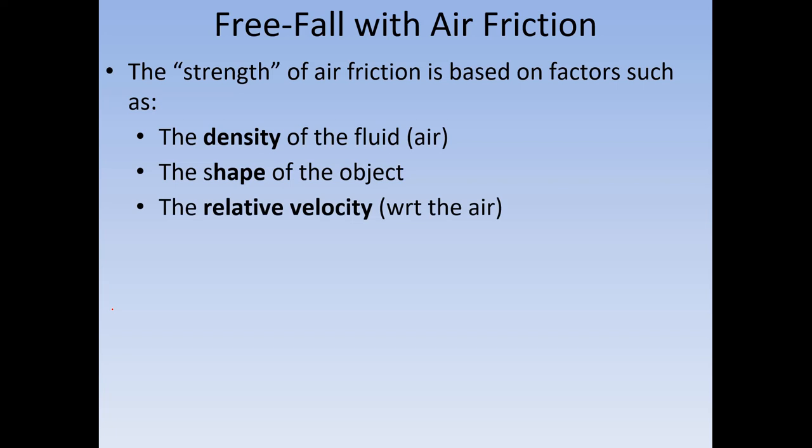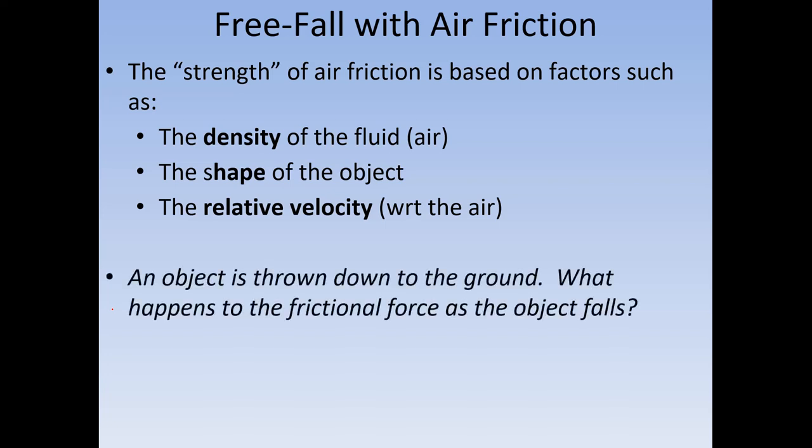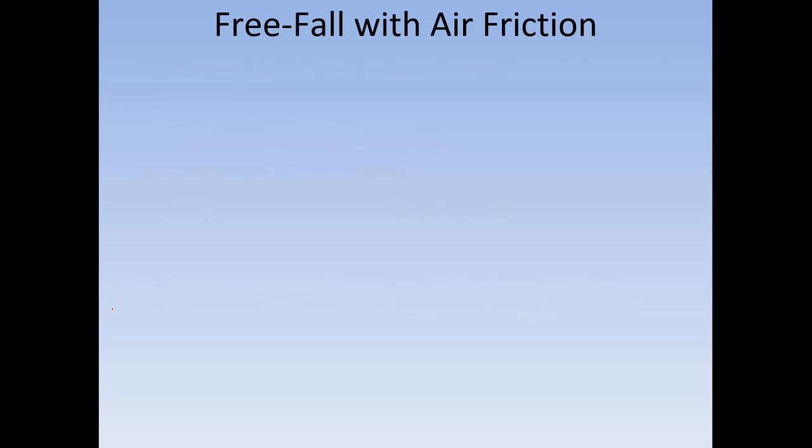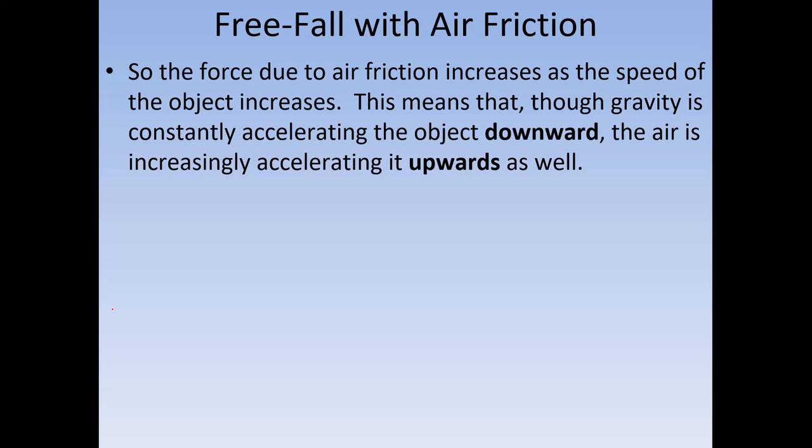And then there's also relative velocity. This means that the faster the object travels in the air, the more the air friction affects it. So, as the object's thrown to the ground, what's going on with the air friction as the object falls? Well, it actually increases. As it falls and starts picking up speed, the faster it travels, the more the air friction acts on it until it reaches a point where it ends up balancing out with gravity.